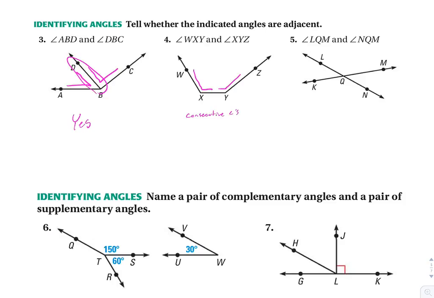You don't need to know about that yet. But when we're talking about polygons, consecutive angles means the next one, right? Like the next consecutive number after 3 is 4. Just consecutive means the one immediately following. But again, the answer here is just no. Okay. LQM and NQM, yes, those are adjacent.